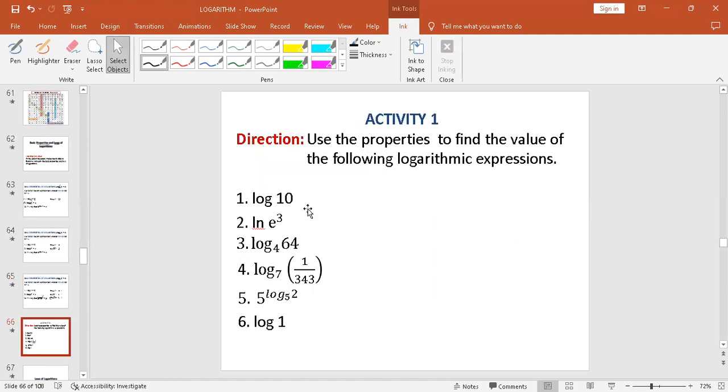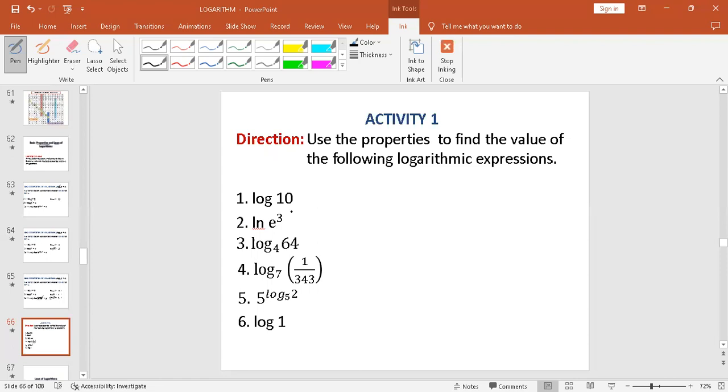Okay, you can use your scientific calculator in answering these items. But let's try to answer these activities without using scientific calculator. Let us try to find the values of each of the following expressions using the properties of logarithms.